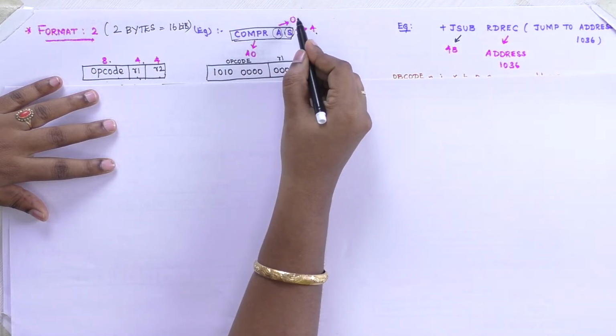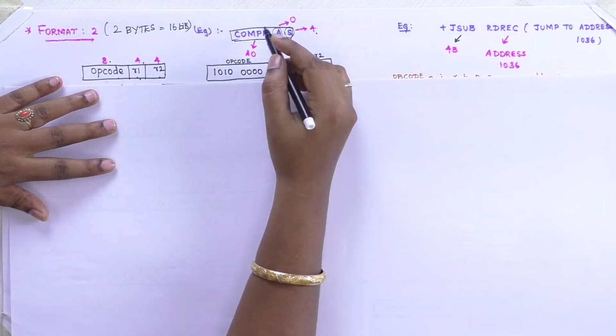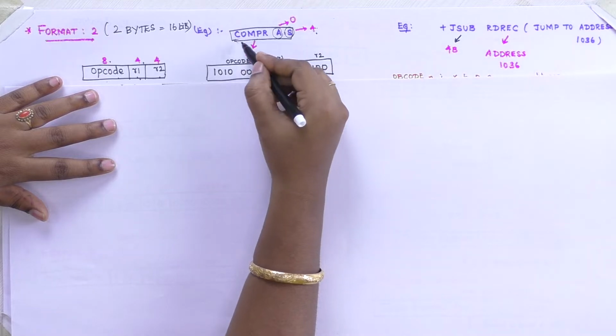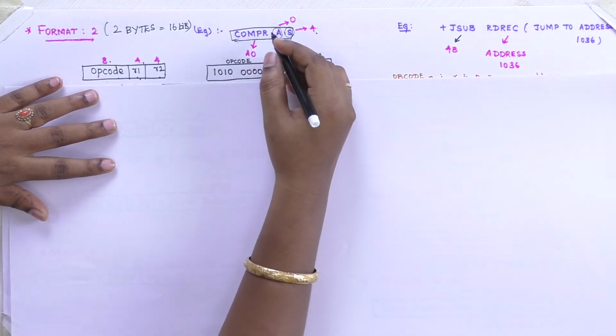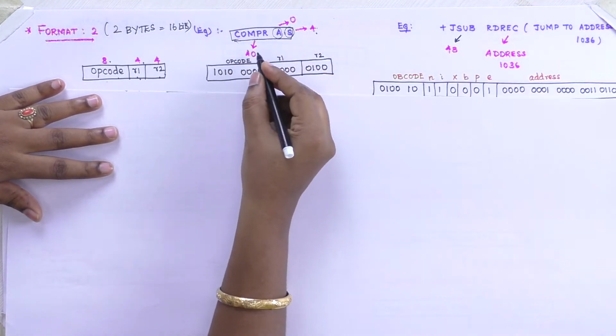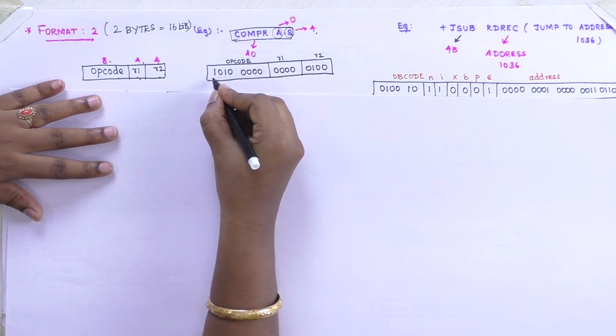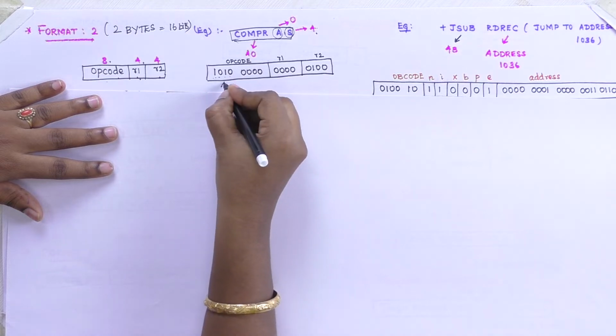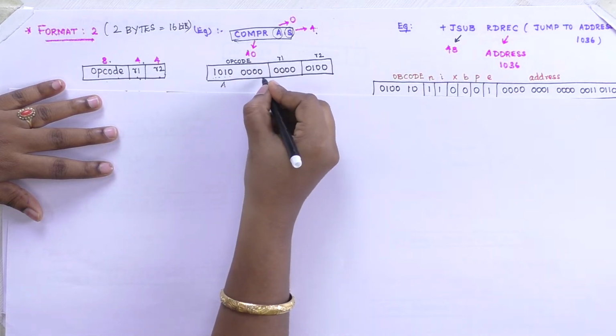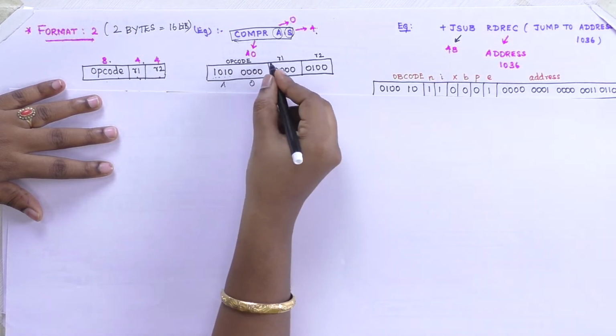We have to represent 0 and 4 in 4 bits, and the opcode for the compare mnemonic is A0. A is 10, which is represented as 1010, and 0 is represented as 0000, in 8 bits.